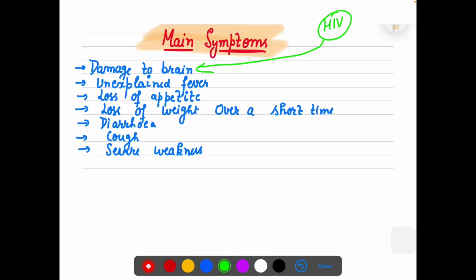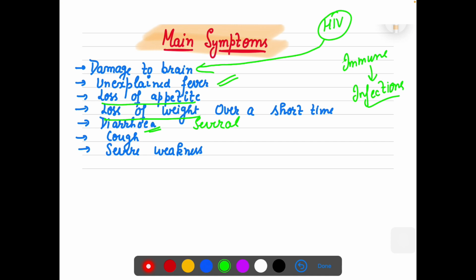There is no specific reason for the fever, which is common because the immune system has become weak, which means you are now very much prone to infection, and your body keeps getting infected easily. So there is unexplained fever, with no particular cause, that keeps coming. Appetite is completely lost, loss of appetite, and suddenly, in a very short period of time, an individual loses weight. Very severe diarrhea is observed in this case.